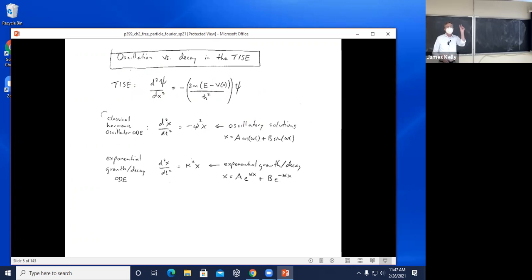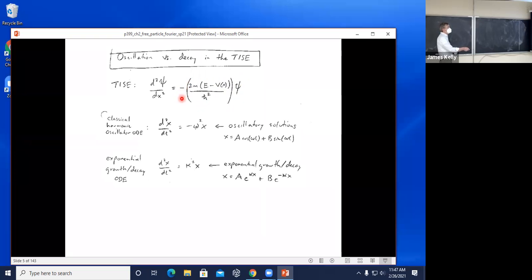If I just take a little tiny area of the x-axis, V of x doesn't change that much. And so this thing inside the big parentheses here is approximately a constant. We already said that in order for there to be a normalizable state, E has to be bigger than the minimum of V. And therefore, the thing in the small parentheses is positive, and so the thing in the big parentheses is positive. It's got a minus sign out in front of it.